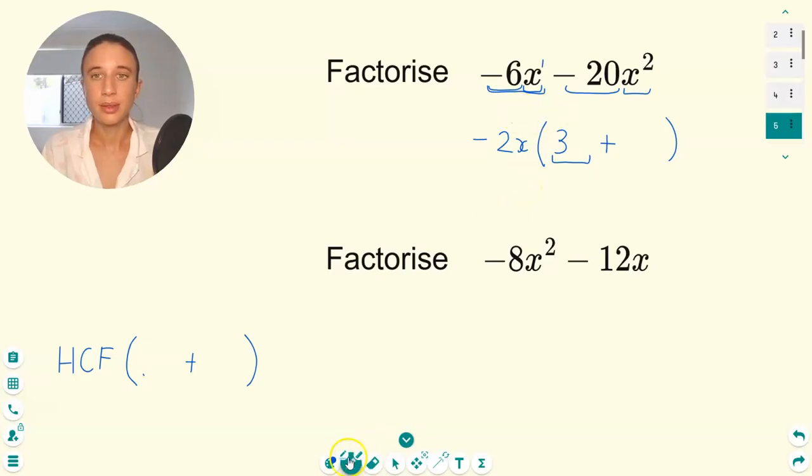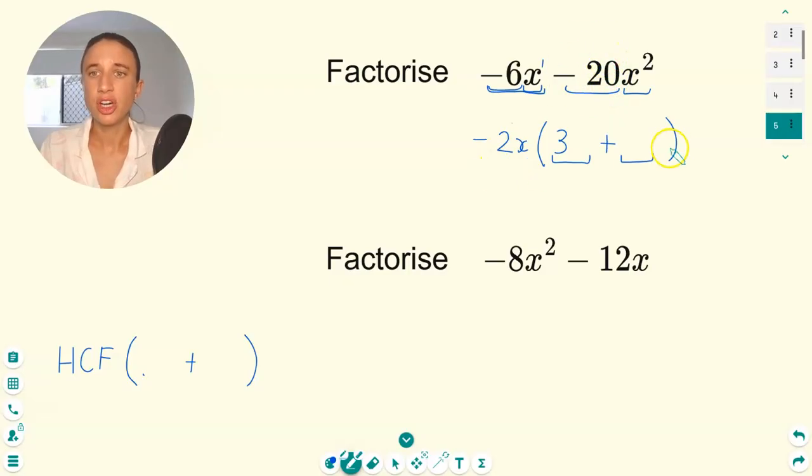All right, then let's have a look. I asked myself, negative 2x times what would give me negative 20x squared? So first look at the coefficients, the numbers out the front. Negative 2 times what would give me negative 20?